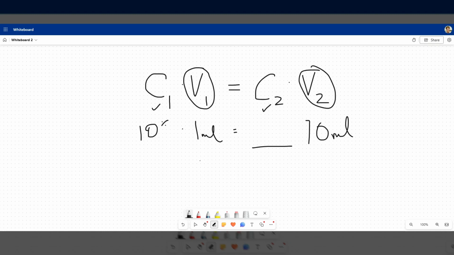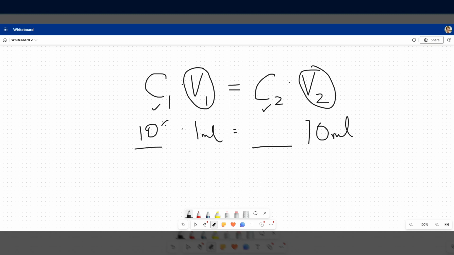So let's say they give you a problem where you make a 1 to 10 dilution starting with a 10% concentration stock solution. What's the concentration of the diluted starch solution? So they're telling you the concentration of the stock solution, 10%.